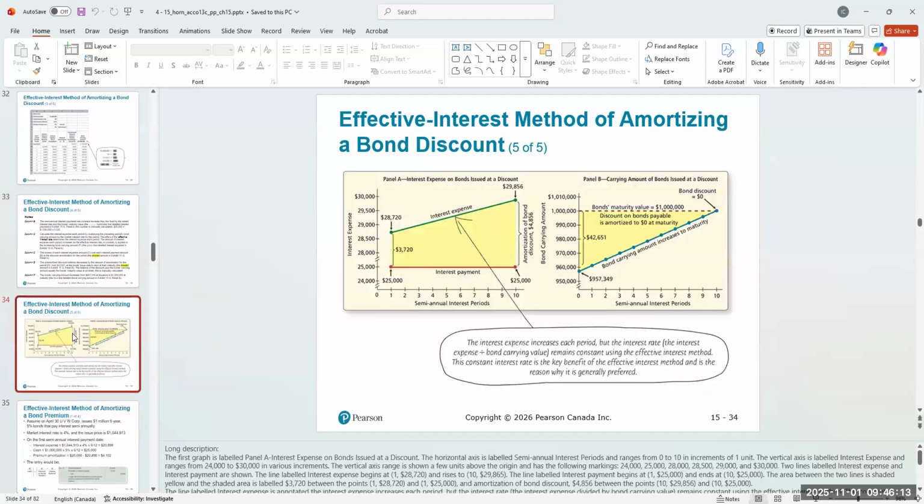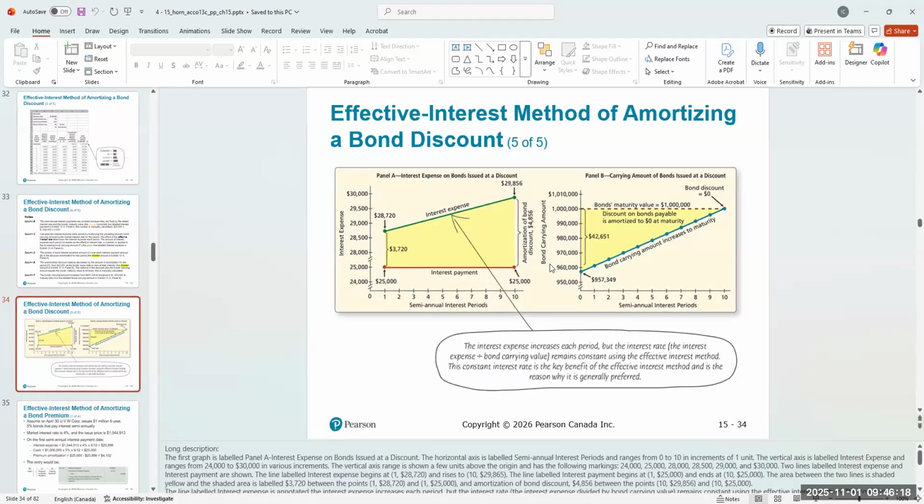Now, what we can see is why the effective interest method is used. The effective interest method considers the time value of money and slowly decreases the discount on the bonds to bring the value up to the carrying amount of the bonds.